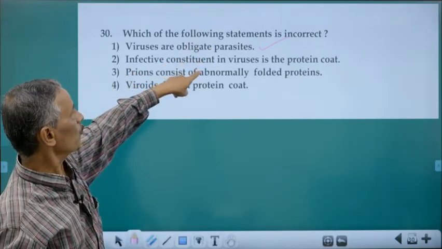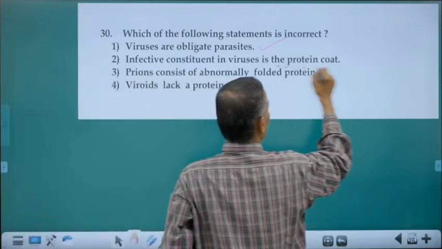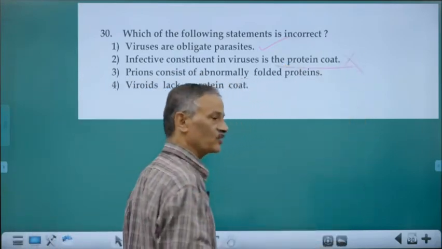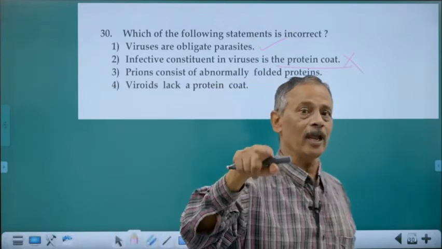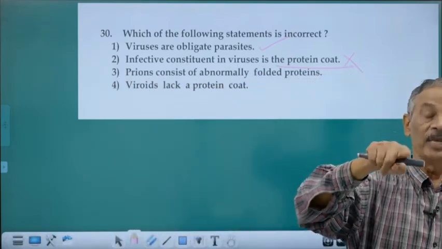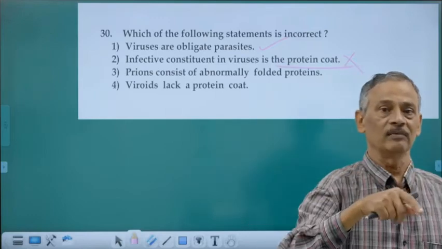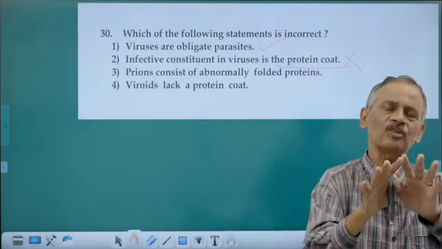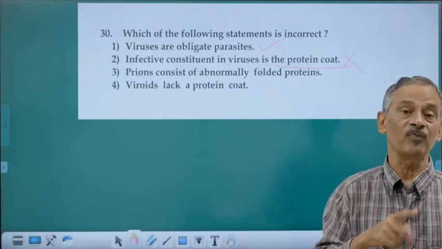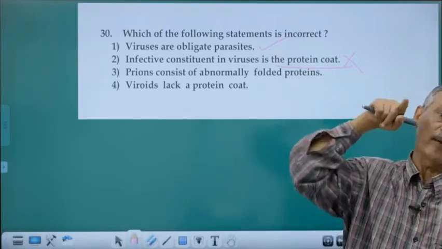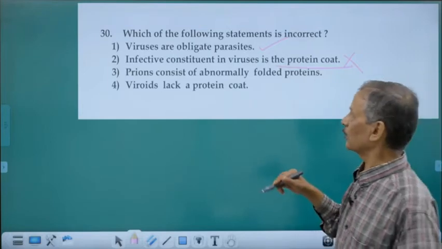The infective constituent of viruses is the protein coat? Never. The protein is discarded. Only the core, either the RNA or the DNA, as the case may be, enters the host cell. The protein coat is just for protection. It is discarded outside the host cell. Before they enter, they discard it and only the core enters. So that is the wrong one.